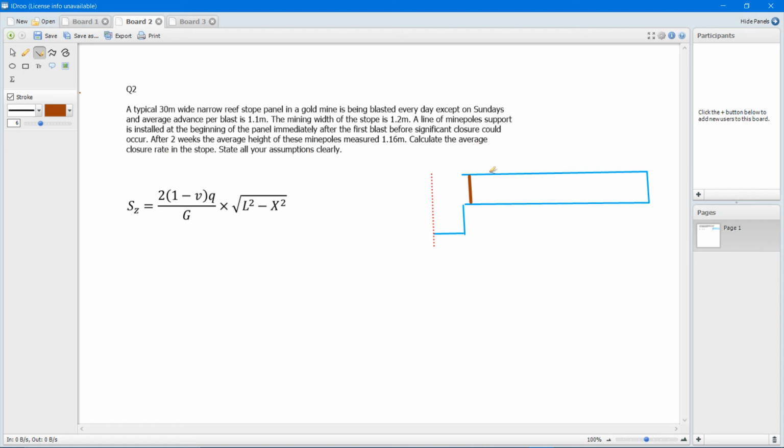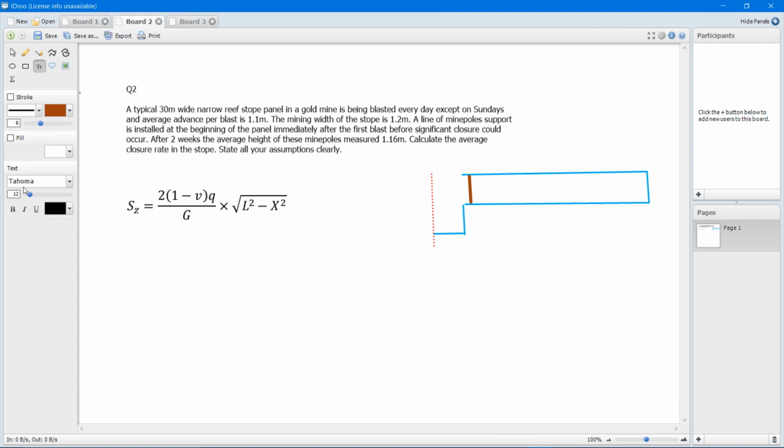So after 2 weeks, we are expecting that they have had a certain advance. Now, advance per blast is 1.1, right? And they're being blasted every day except on Sundays. So that means 6 days of the week there's a blast, right?